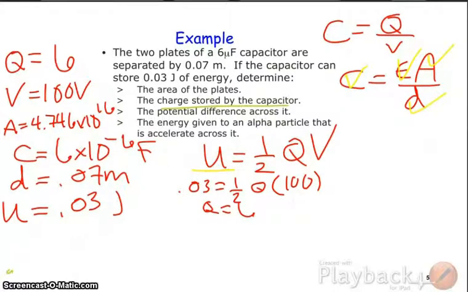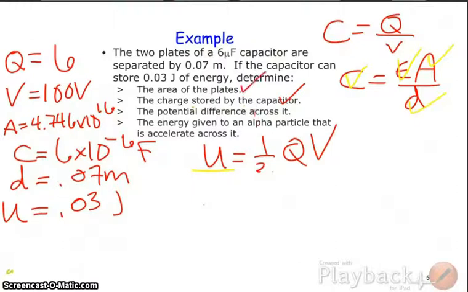Multiply that up, you get 0.06 times 100, you get 6. So Q is 6, we got that done. We've got the potential difference across, and the energy given to an alpha particle that is accelerated across it.